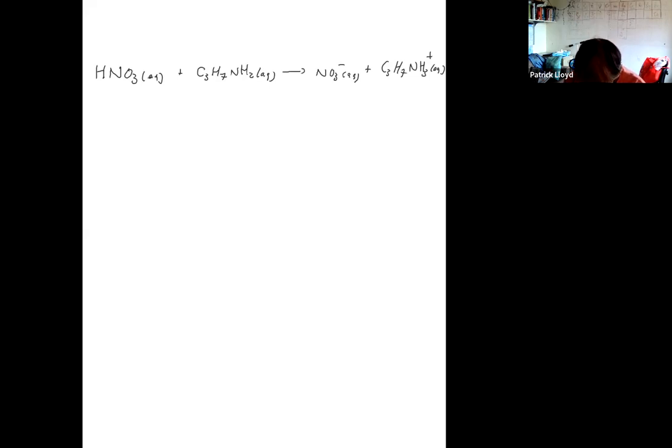So now we can write down our numbers. Let's do our initial moles, and we're going to do millimoles here. Let's do the HNO3 first. The HNO3 is 43.2 milliliters times the molarity, which is 0.8400.